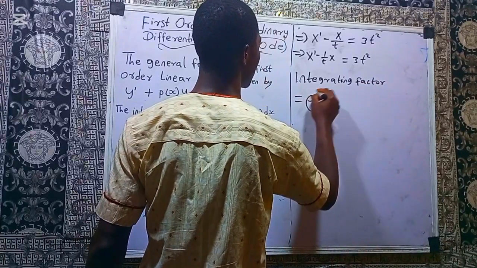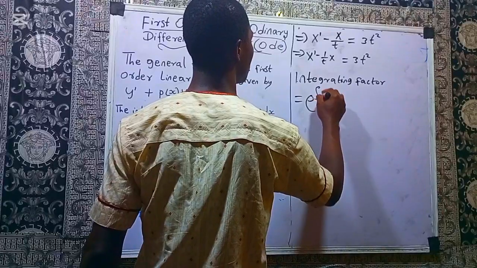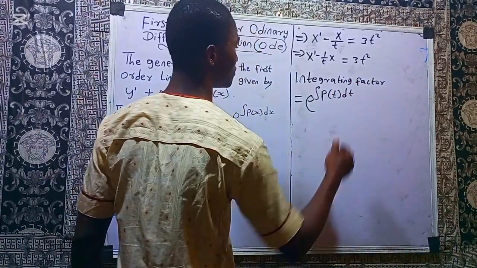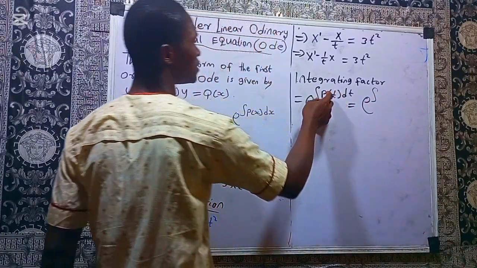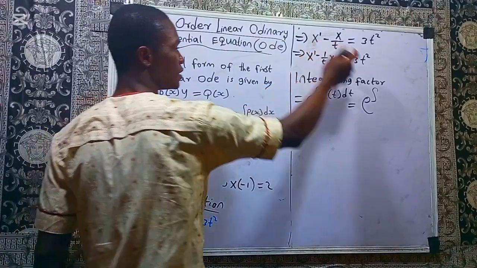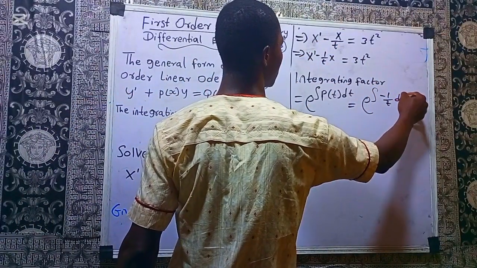equals exponential integral of p of t dt. So this is exponential integral of, what is this p of t? The coefficient of the dependent. What's the coefficient? -1 over t dt.